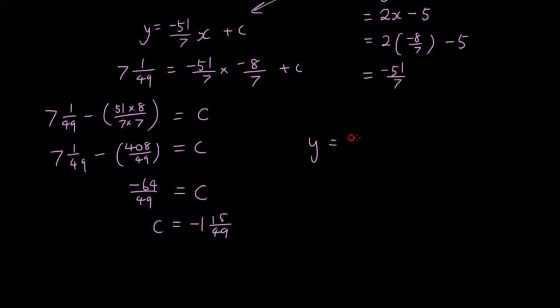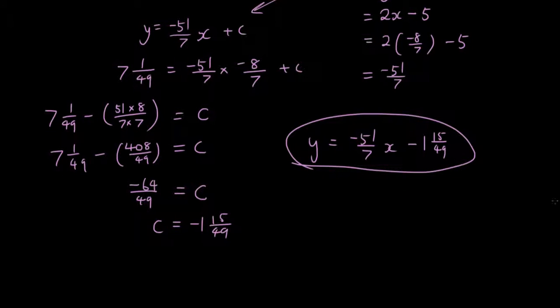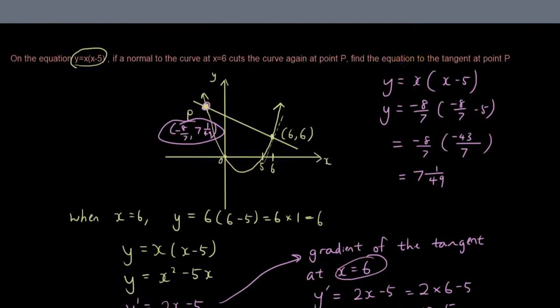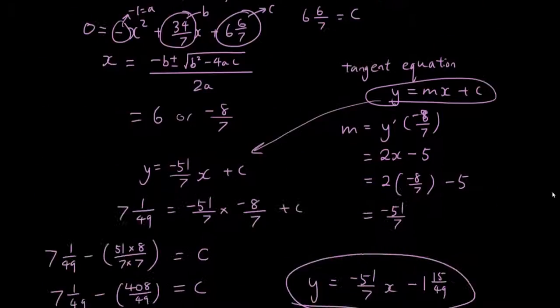It'll be negative 51 over 7 x minus 1 15/49, and that is the full answer to the whole question. Find the equation of the tangent, and that is the equation of the tangent.